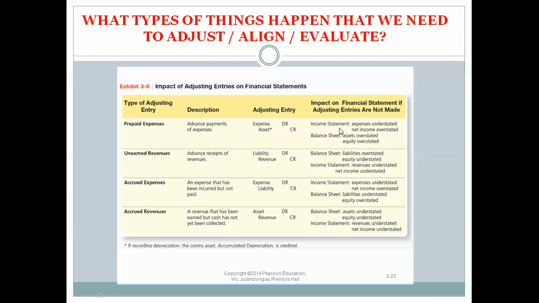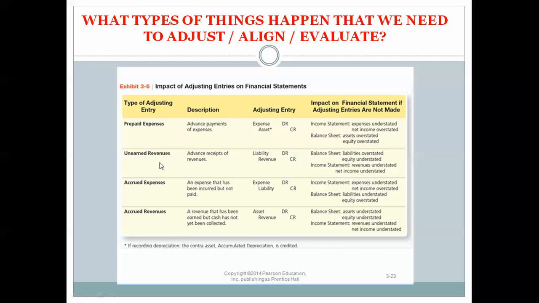There we can see income statement expenses would be understated if we did not write off that we had used up some of that prepaid expense. And on the balance sheet, our asset, in this case prepaid insurance, would be overstated, thus making the equity in our company overstated.